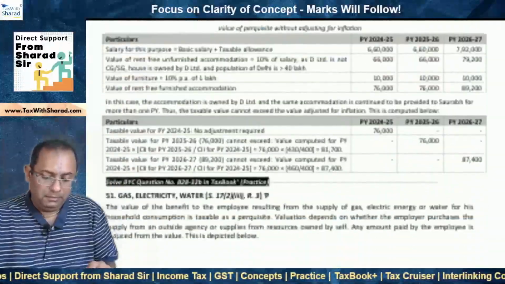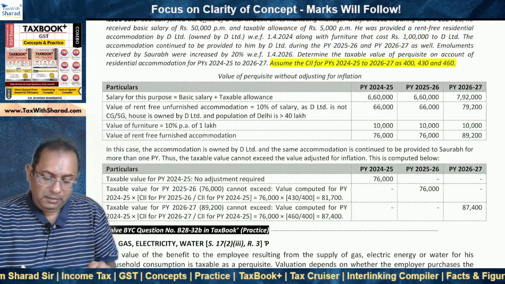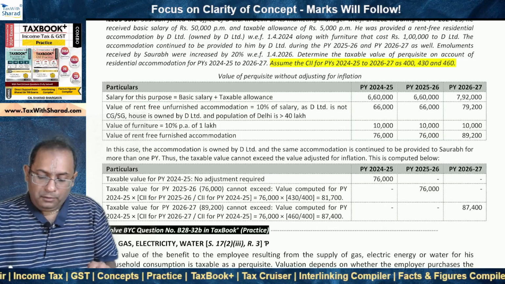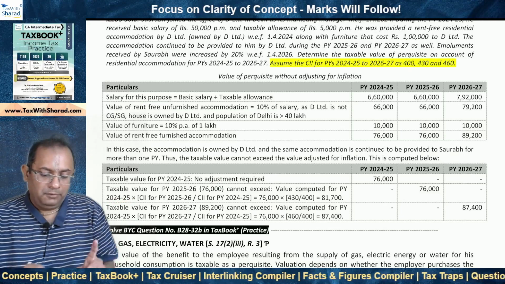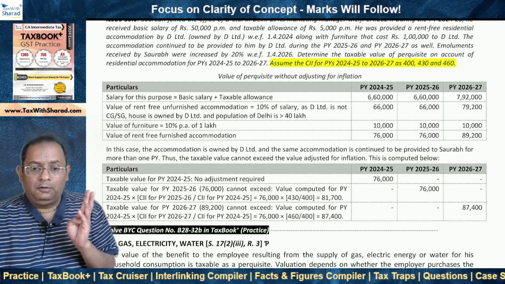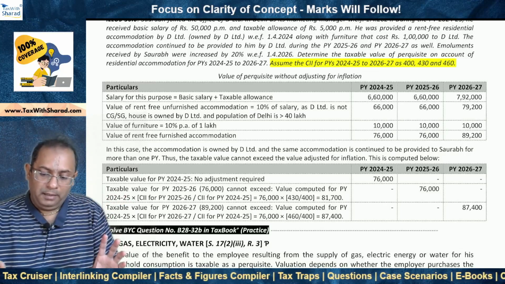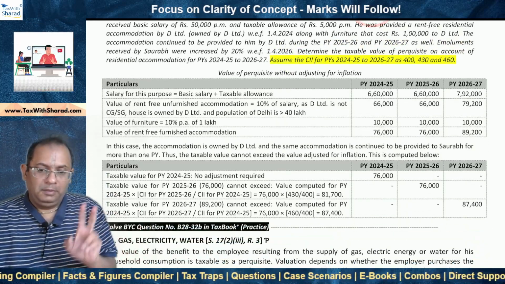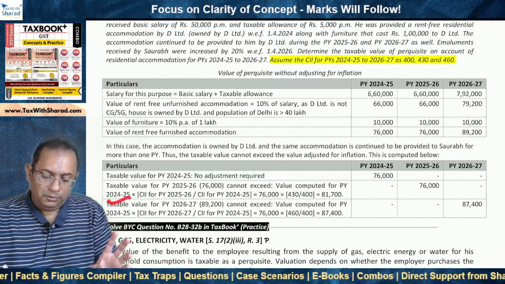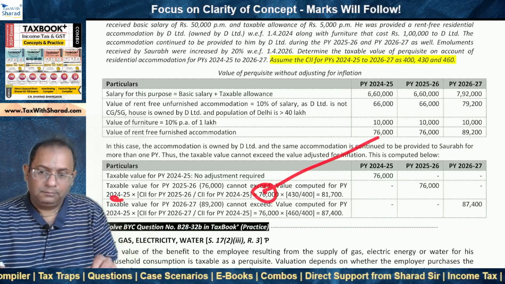So going back to our example, 76,000 cannot exceed what? Value computed for previous year 24-25. This is the first previous year. First previous year is what? Later of previous year 23-24 or the previous year in which accommodation is provided. Accommodation is provided from previous year 24-25. So the first previous year becomes 24-25. So value computed for previous year 24-25, which is 76,000.